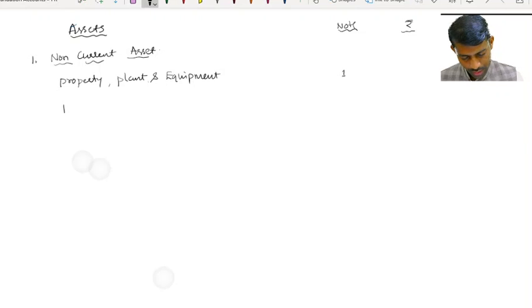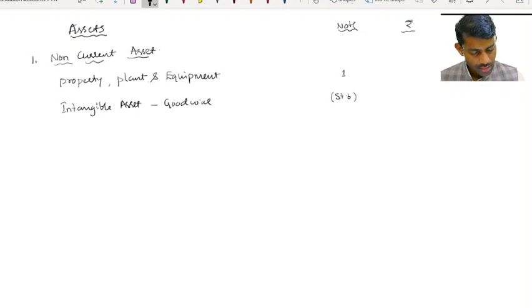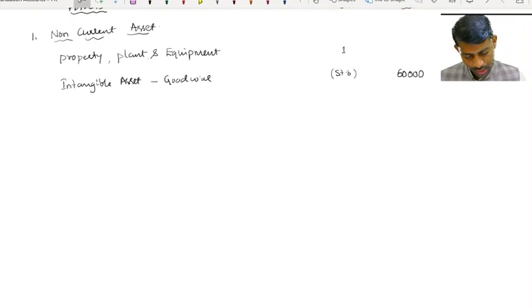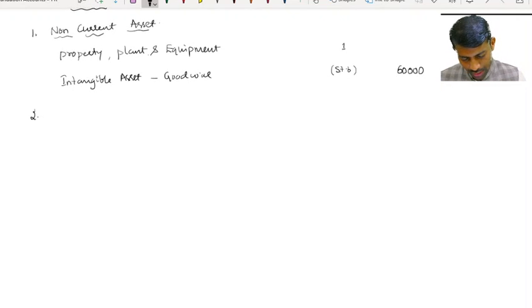Thereafter, intangible asset, goodwill, from step number 6, we got 60,000. Investments in a subsidiary company would have been cancelled on account of consolidation, therefore it will not come.